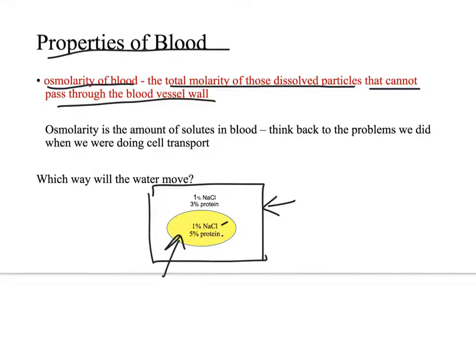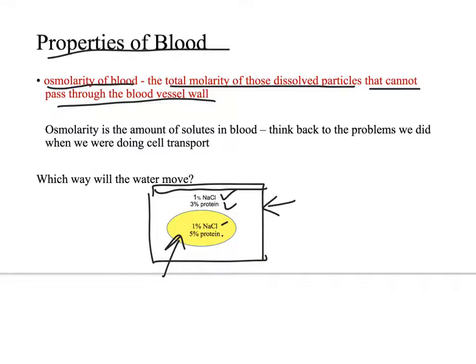Outside the cell, the fluid in the beaker is 1% sodium chloride and 3% protein. So basically we're talking about the osmolarity. These solids can't exit the cell, so they're trapped in here. So the only thing that can move is the water. So which way is the water going to move?